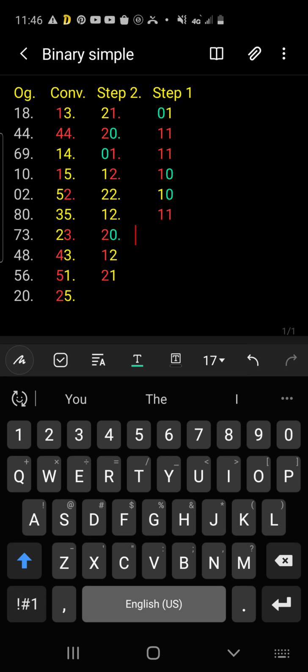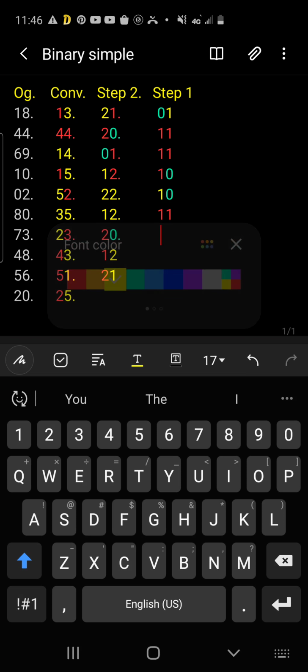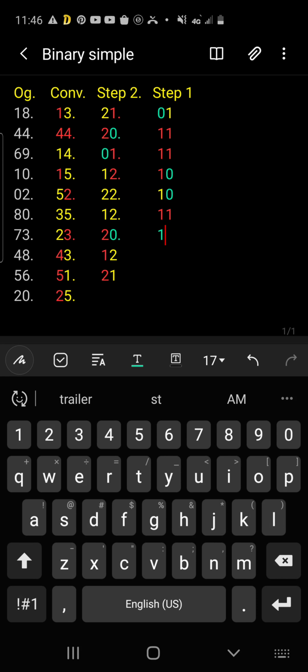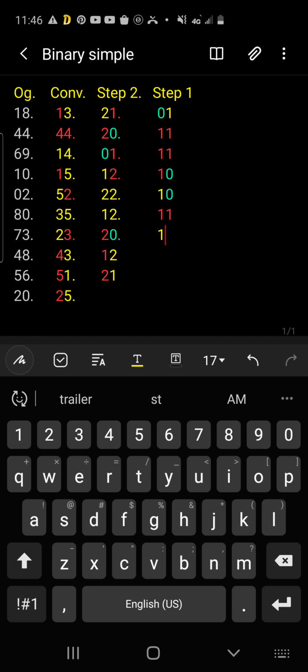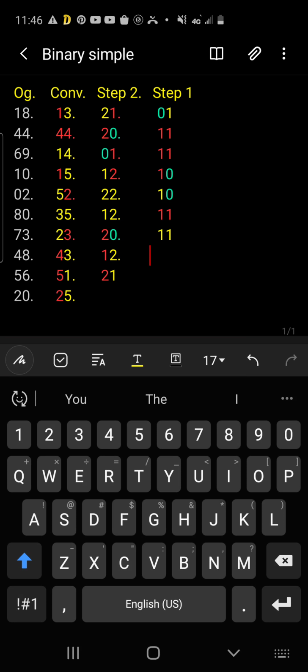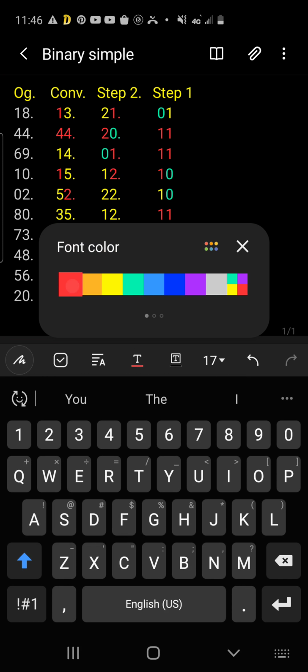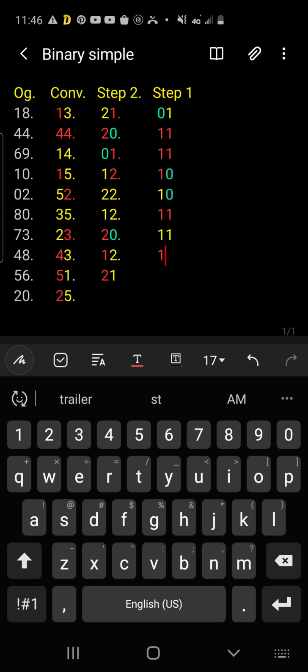After that, you have 2 to the 1, which would be minus 1. And then after that, you have the 0 to the 2, which is also a minus 1. Then you have 1 to the 2, which is going to be a plus 1. And then you have the 2 to the 1, which will be the minus 1. So now we have all the binary codes set up.